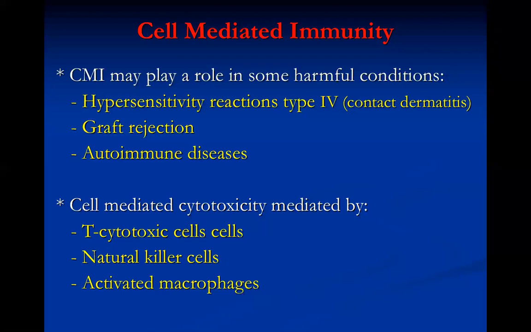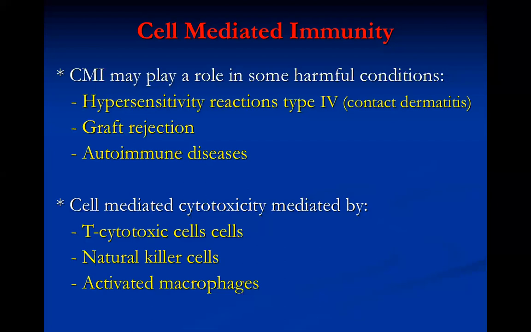So the key cells which are important for this cell-mediated immunity include the cytotoxic T cells, otherwise termed the CD8 positive T cells. And you also have the natural killer cells. You know, natural killer cells are also lymphocytes and fall under the category of cytotoxic cells, which can kill the pathogen.